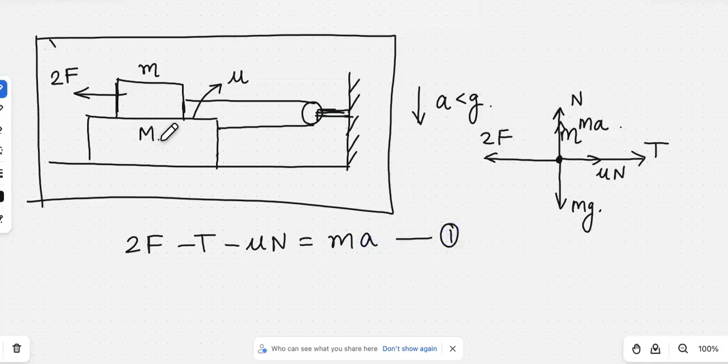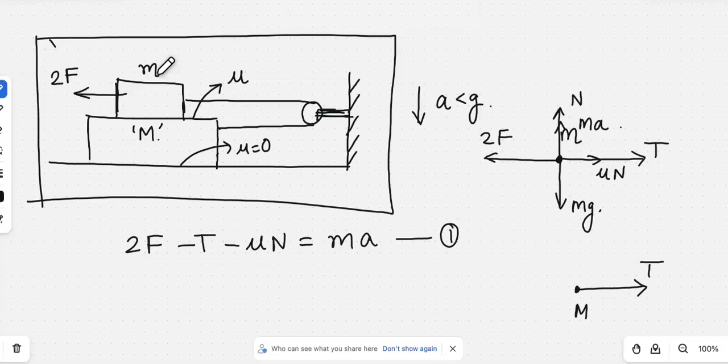Okay, now let's see what happens with the capital M. So if I draw it over here, capital M mass, the tension is towards right. Okay, that is obvious. Now the friction between these two is 0 because the frictional coefficient is 0, but the capital M will experience friction because of the block kept on its head, right?